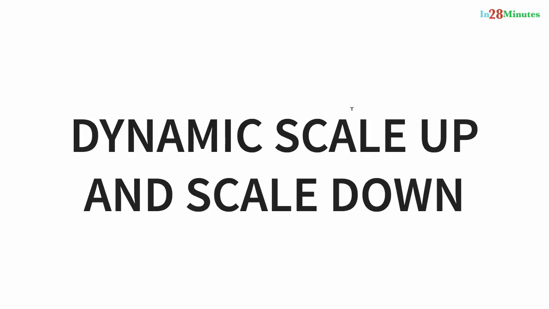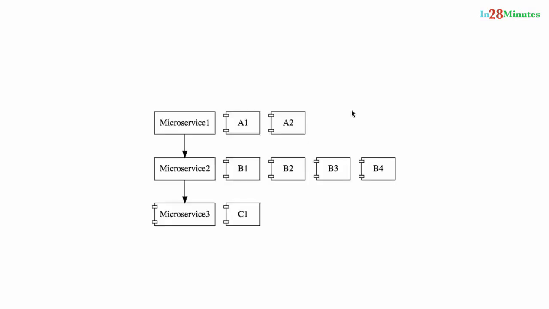The third important challenge is dynamic scale up and scale down. Establishing the technology to be able to do that. The loads on different microservices will be different at different instances of time, and at a particular instance I might need 2 instances of microservice 2, but later at a different point in time I might need 10 instances of this. So I should be able to bring new instances of microservices up and bring down older instances when they are not really needed.